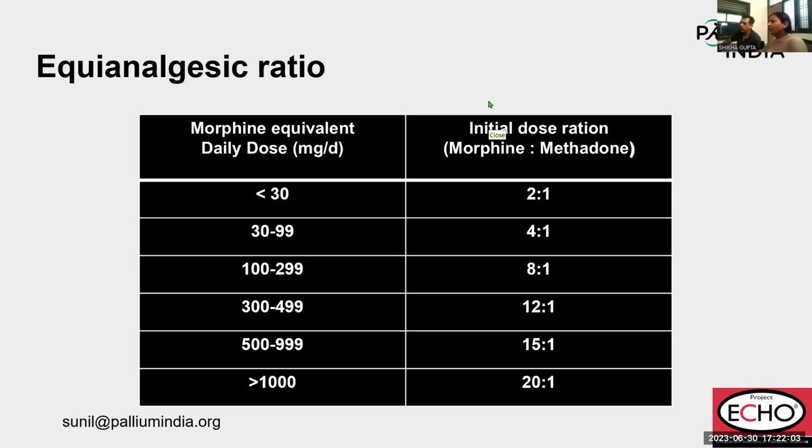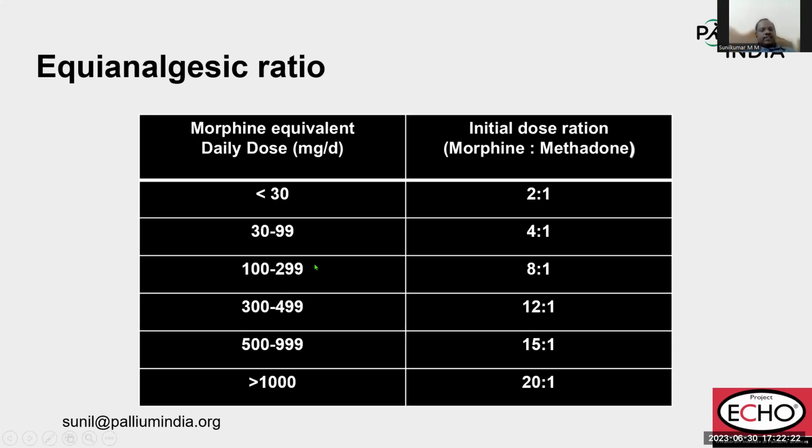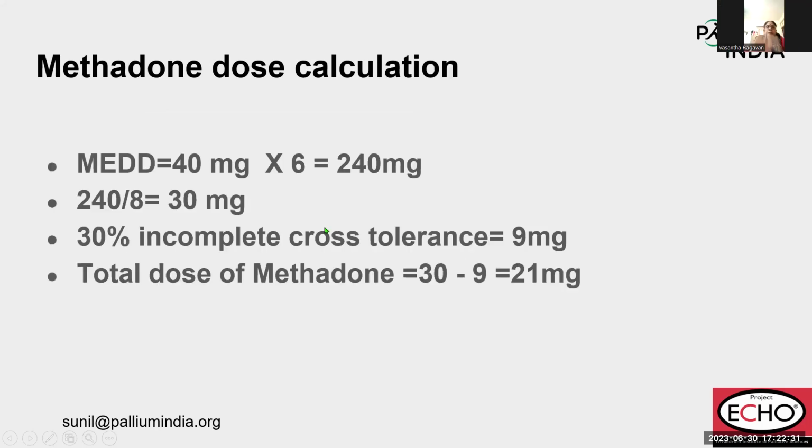Now we will give 40 milligram TDS methadone. Okay, no, I was asking what is the total dose of morphine this patient was taking? 240 milligram. Yeah, so it is 240, isn't it? And you can see it comes between 100 to 299, so the conversion ratio would be 8. So 240 divided by 8 will be about 30 milligram.